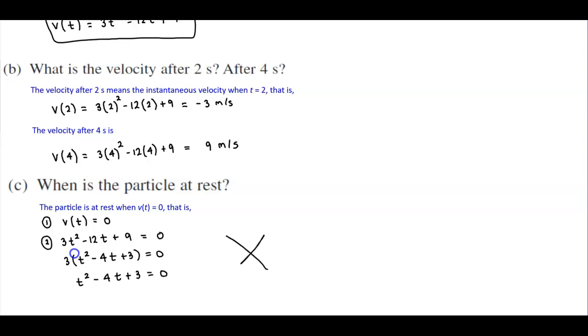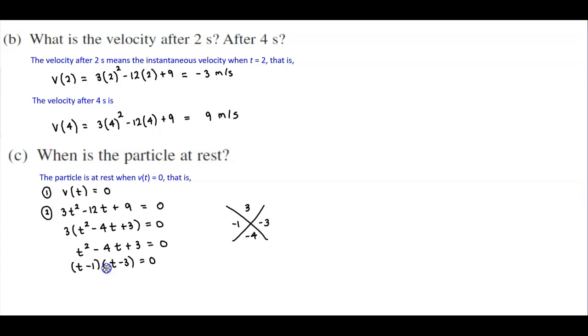Now if we factor this trinomial, what two numbers can we multiply to get positive 3, and when we add, we get negative 4? We have negative 1 and negative 3. So when we factor this, we get t minus 1 times t minus 3, which is equal to 0.